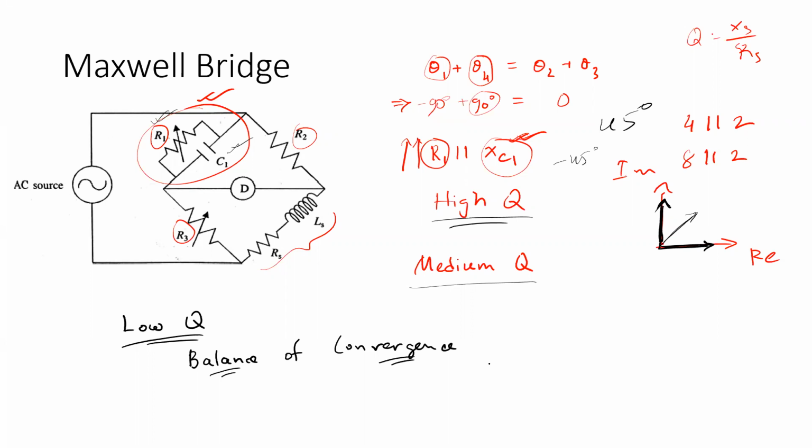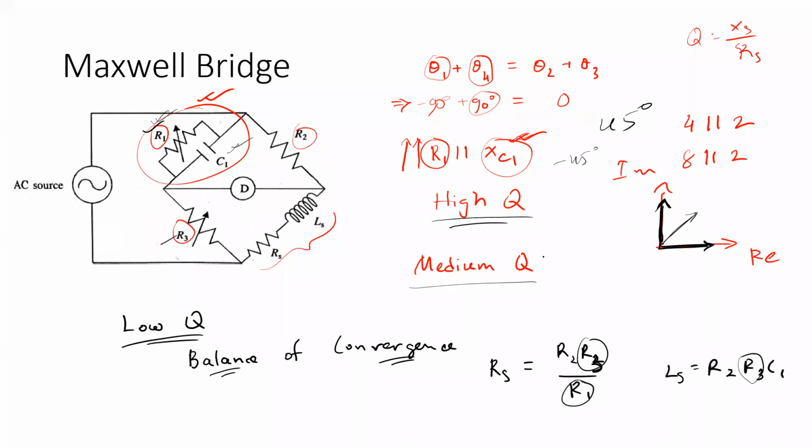Because, like we have already defined the unknown resistance and inductance, here we can see, as already discussed, that the resistance is dependent on both R1 and R3, whereas inductance is dependent on only R3.